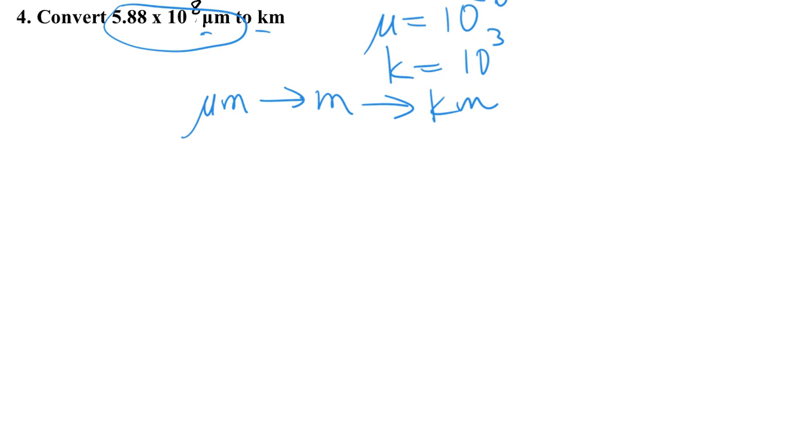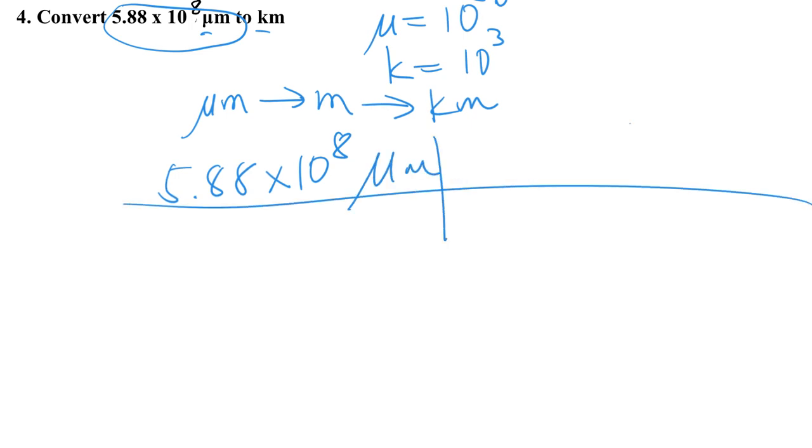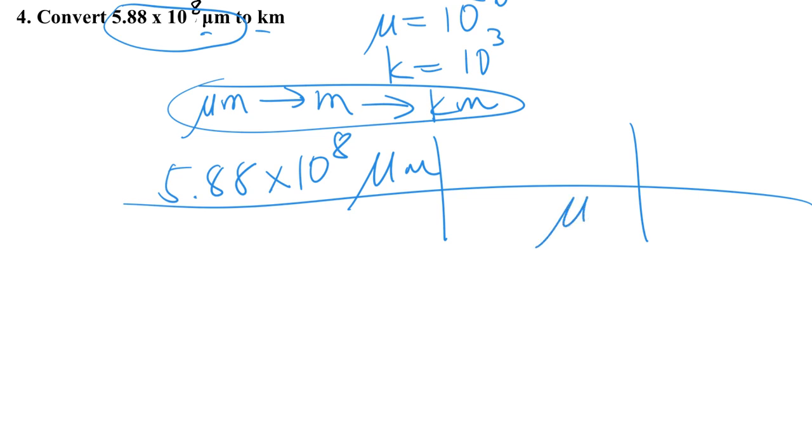Okay, so 5.88, write your known term down. Micrometers. I know I'm going to need 3 sections because I got 3 places here. So bring down micrometers, go to meters.